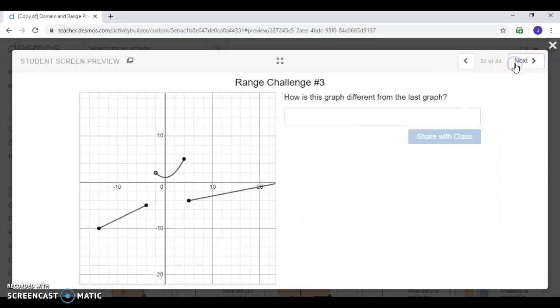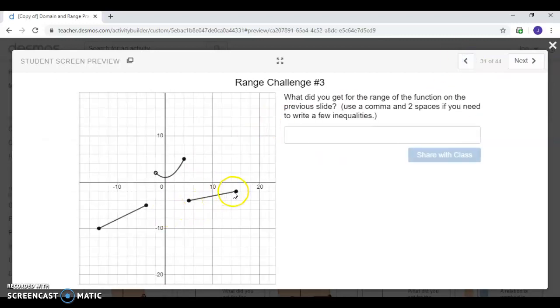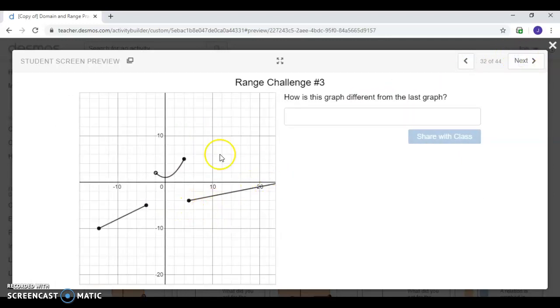And in this new problem, it is going to be different because this doesn't end. So whereas before we had a graph that ended, this one continues to go on. And as you zoom out on this graph, you would see that the graph actually just continues forever.